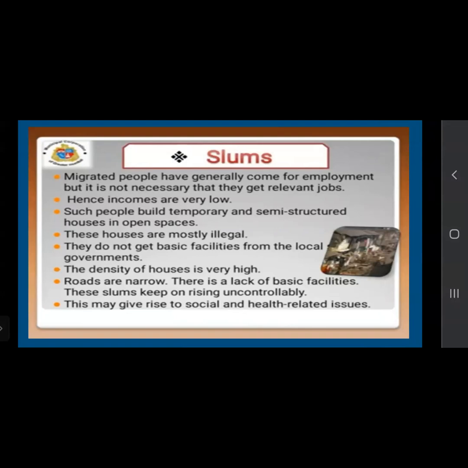Such people build temporary and semi-structured houses in open space. Such people are very economically weak, they don't even get a relevant job, so their income is low. So what they do is build temporary, semi-structured houses in open space.